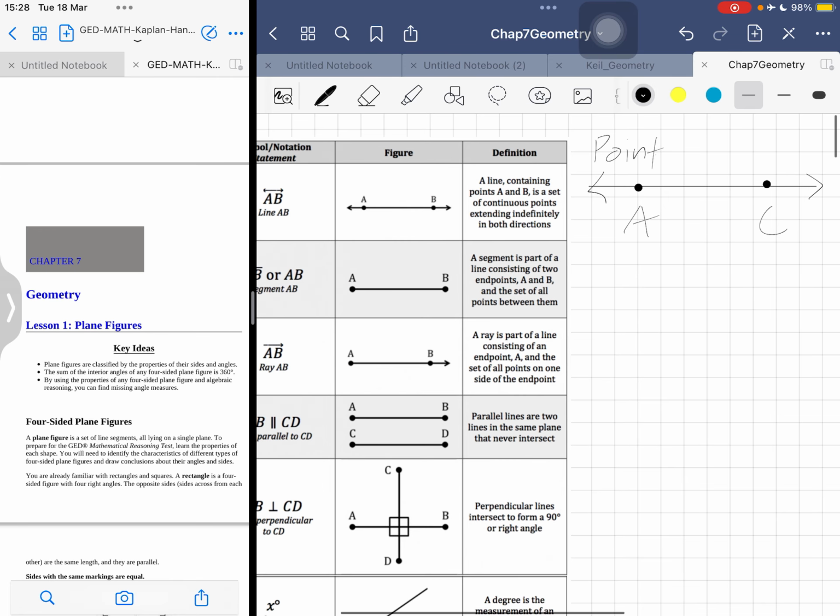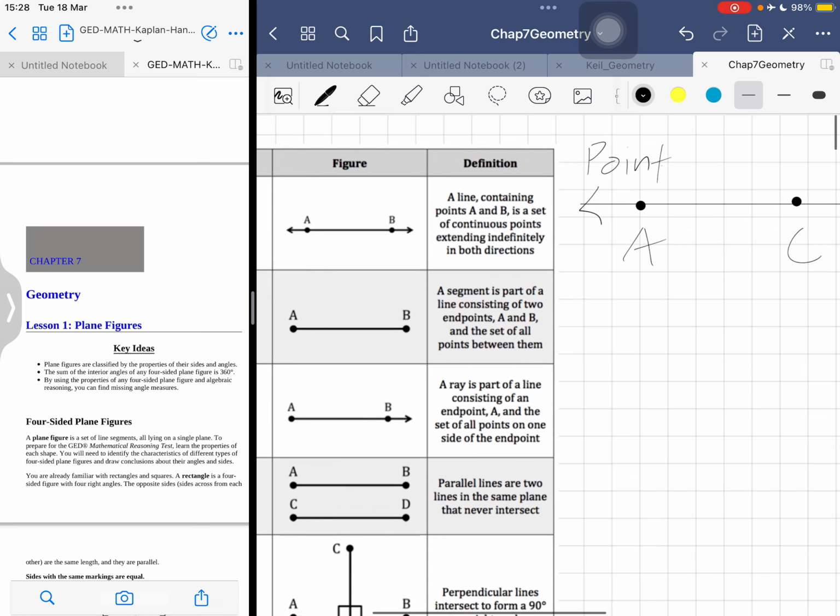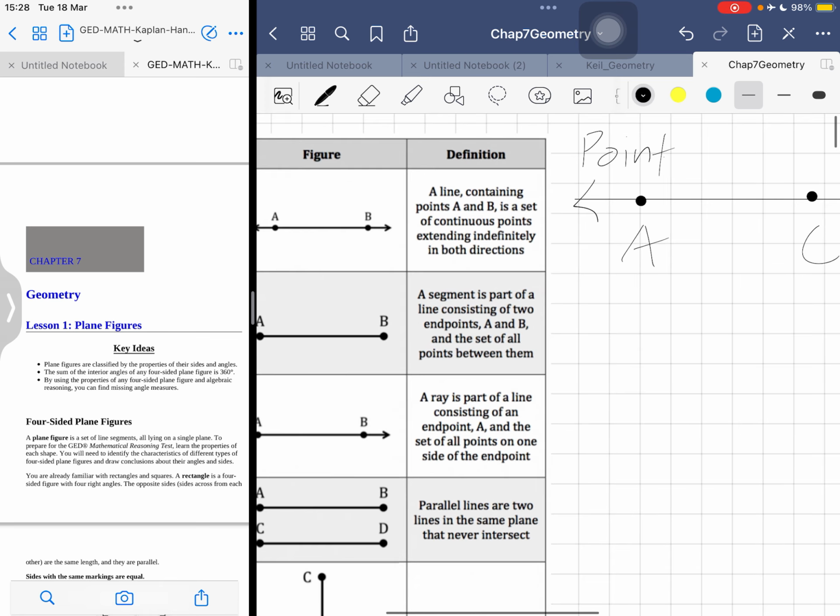We can name that line by looking at the name of the points, point A and point C. Therefore, we can call it line AC, or we can write it like this, AC. That is for line.